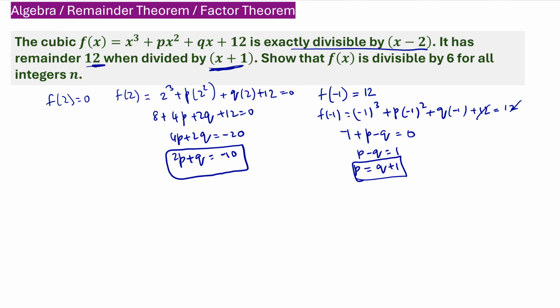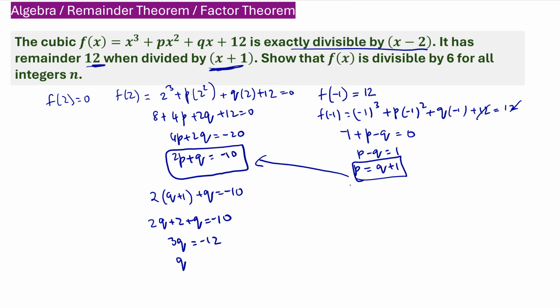So I can substitute it here. P equals q plus 1. So I can write 2 times q plus 1, plus q, equals minus 10. So 2q plus 2 plus q is minus 10. 3q is equal to minus 10 minus 2, which is minus 12. q is equal to minus 4.